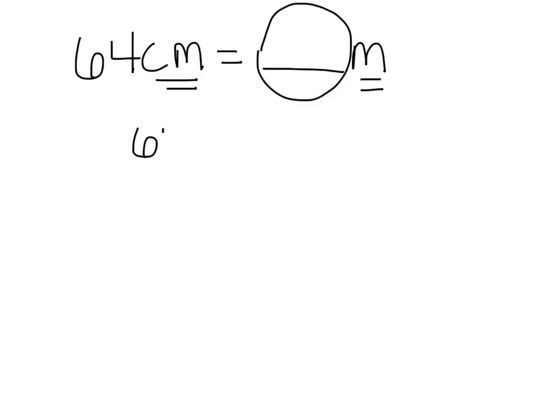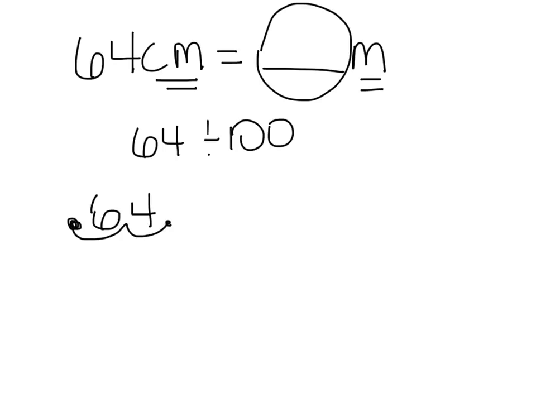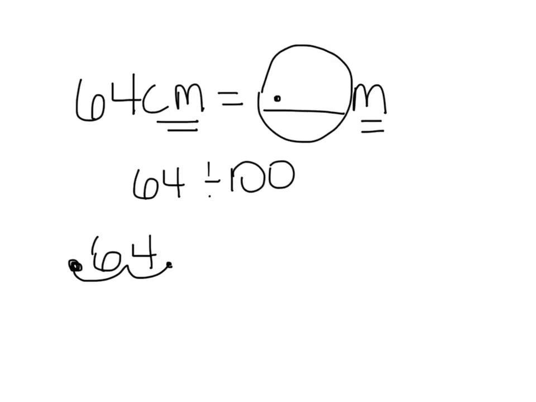So 64 divided by 100 means that I'm going to move my decimal point, which, by the way, where is the decimal point in the number 64? Whether you see it or not, it's right there. I'm going to divide, which means the number is going to get smaller, and I'm going to move it 2 spots. So now my decimal is there. So the answer is that 64 centimeters equals 64 hundredths of a meter.